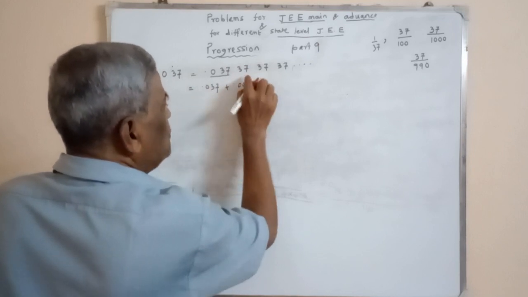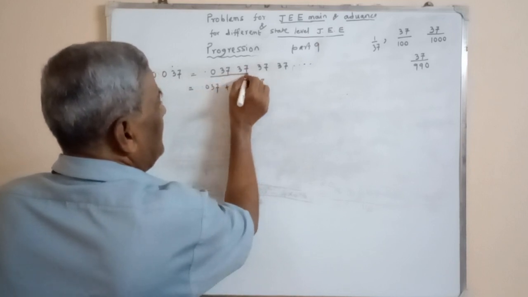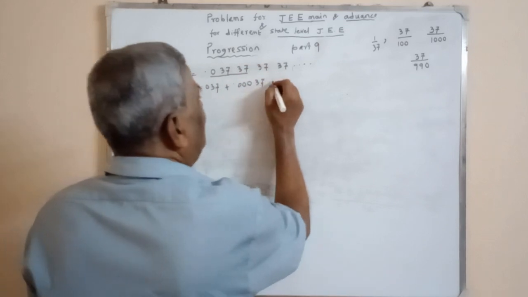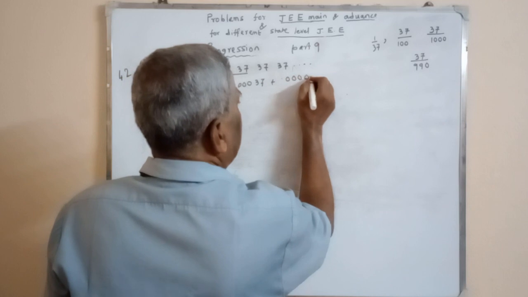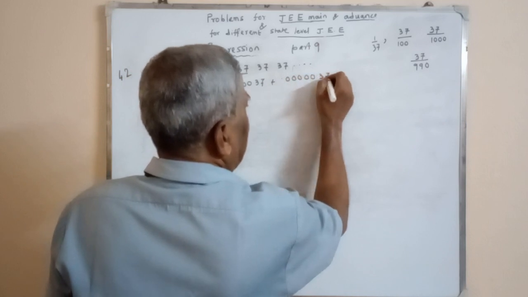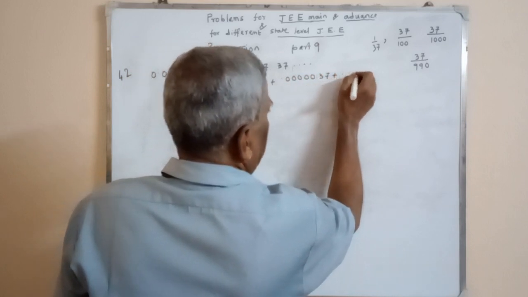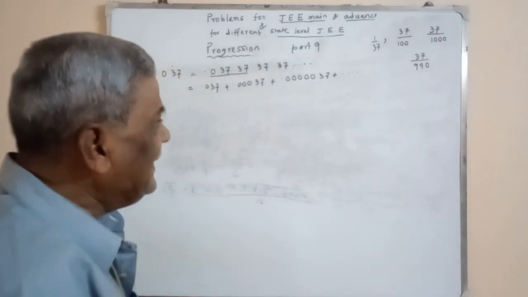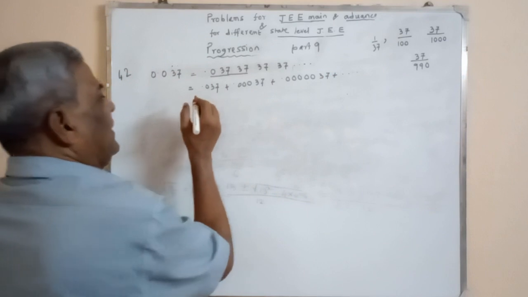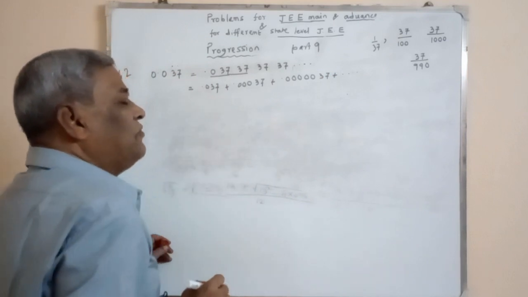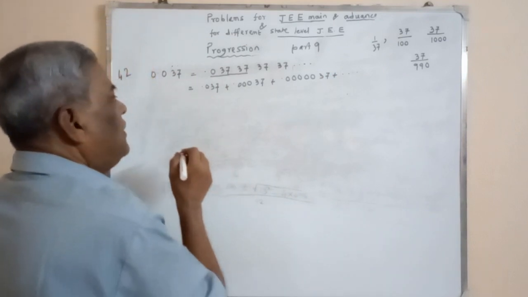So adding these two, we get up to this. Next, consider this term, it is equal to 0.00037 and so on. So I get a definite rule. It is an infinite GP.